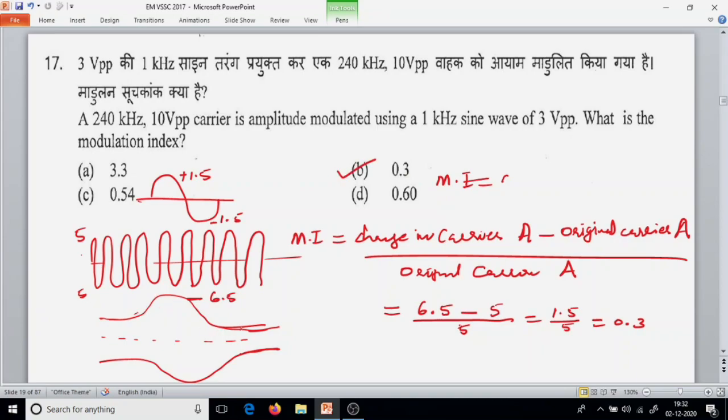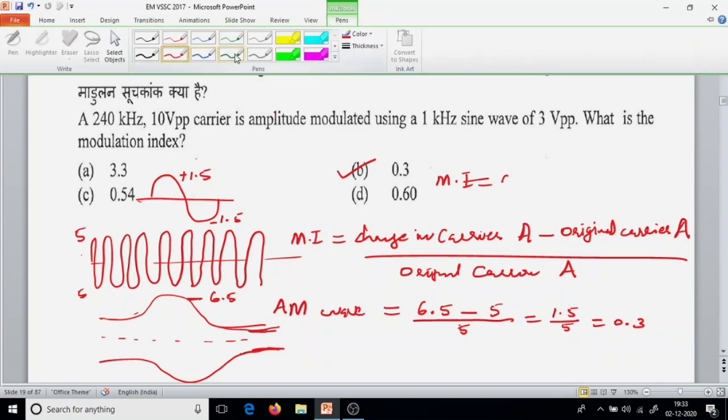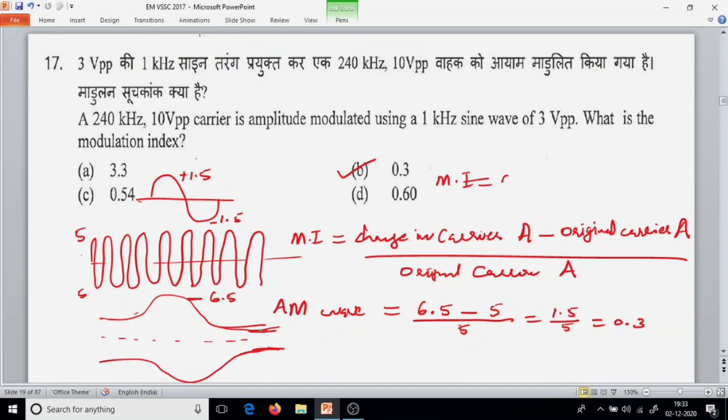Okay, so one more thing. When the carrier goes, what is the minimum value of this amplitude? This is the AM wave, the amplitude modulated wave. Now what is the minimum value it will go in the other direction?